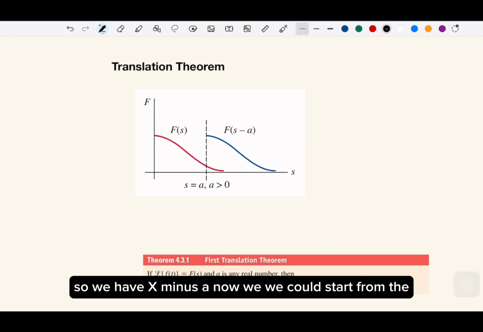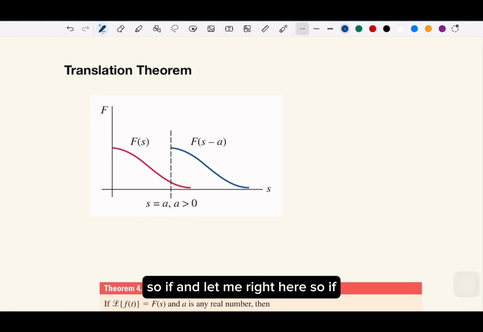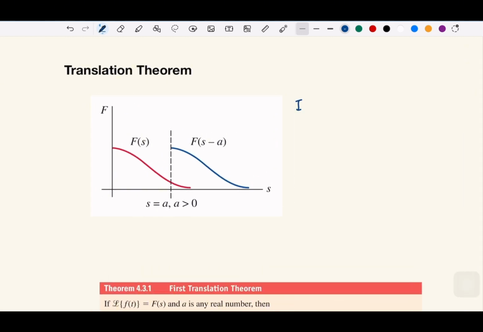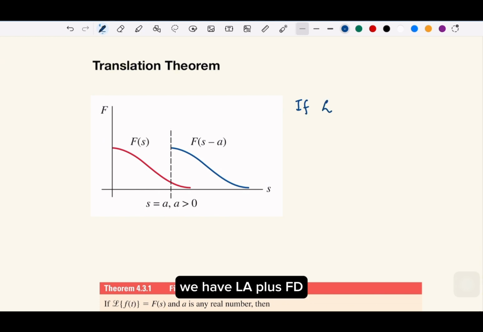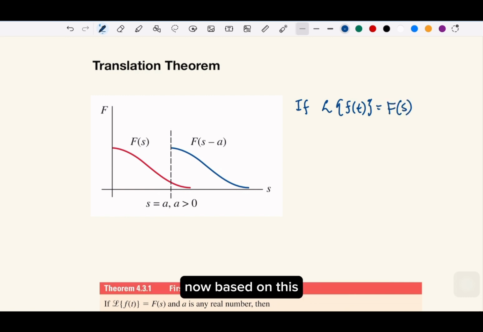Now we can start from the definition. If we have the Laplace of f(t), we have capital F(s). This is our definition.